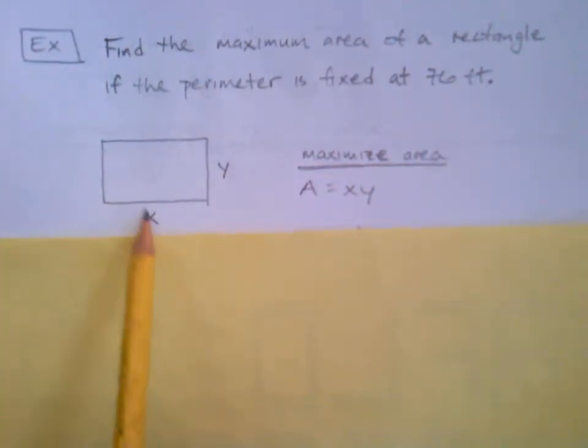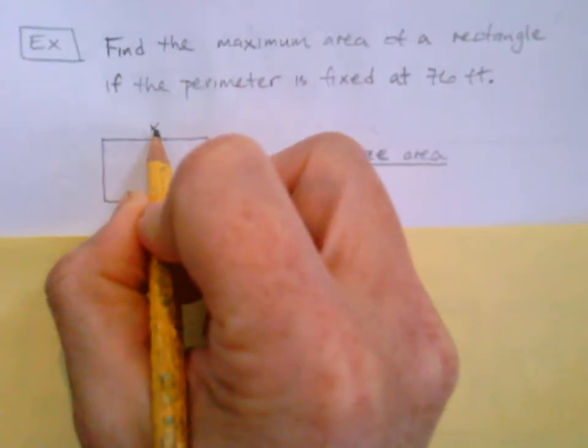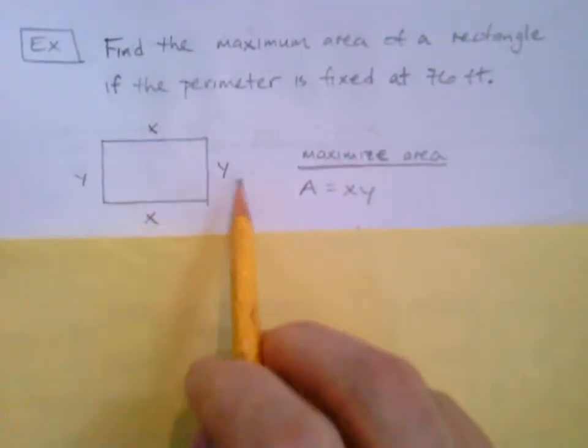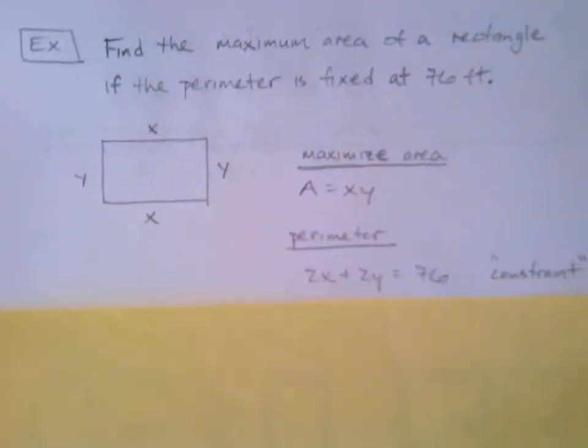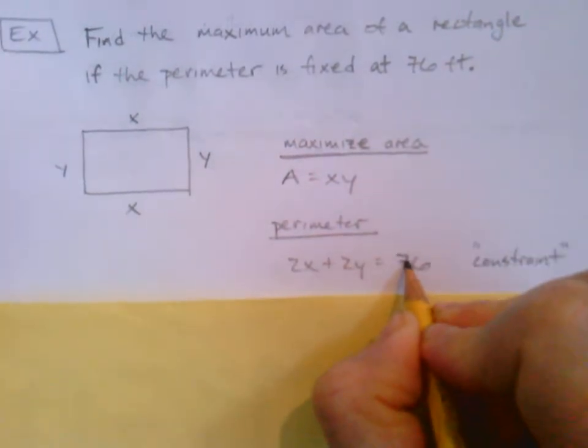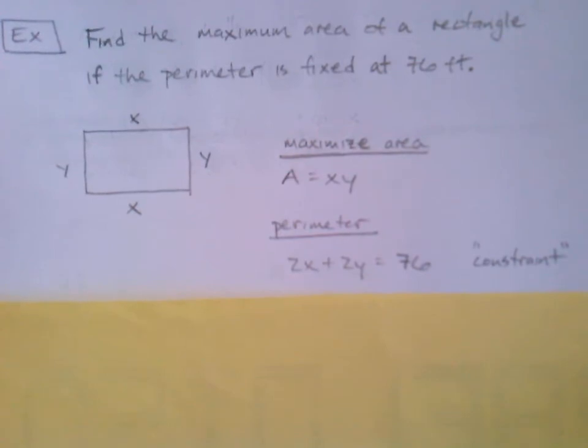There's an x here, another x here, a y, another y, right? 2x plus 2y, the perimeter. But this time we know what it's going to equal. We're going to use exactly 76 feet of whatever it is that we're building this with.